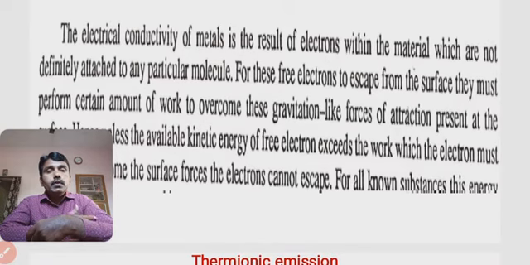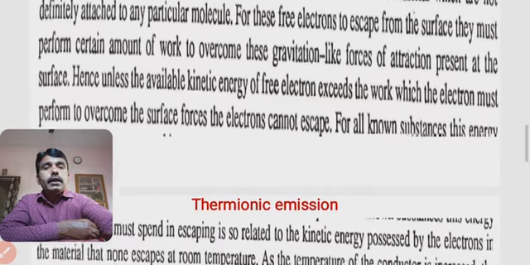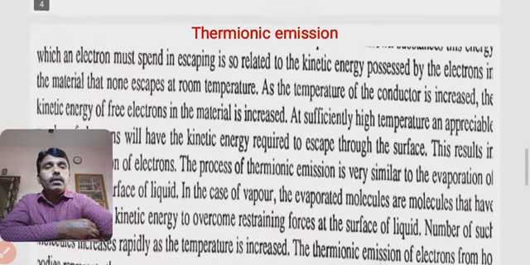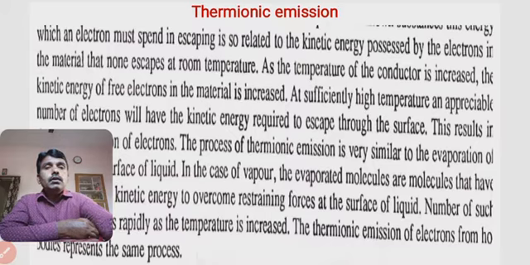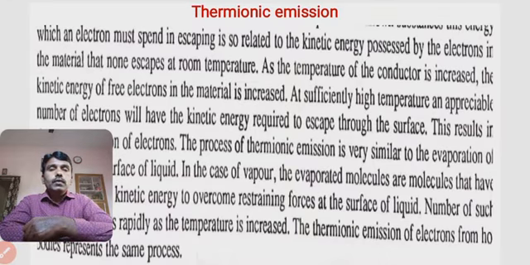When the free electron's energy exceeds that particular amount of work, only then will they escape from the surface. At normal room temperature, these electrons do not get sufficient kinetic energy to leave the surface of the metal.